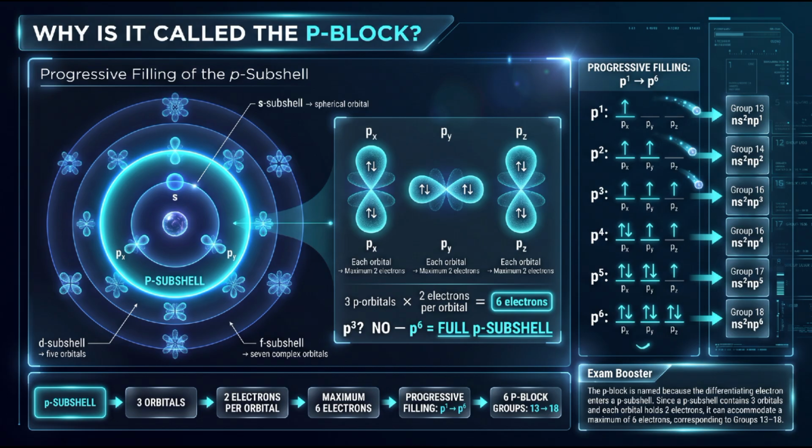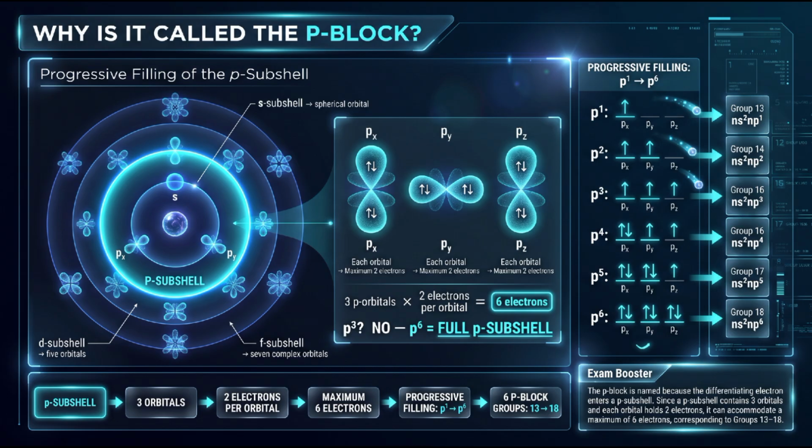Therefore, because the p subshell contains 3 orbitals and each orbital can hold 2 electrons, the maximum number of electrons that can be present in a p subshell is 6. In simple form, we can write this as 3 p orbitals multiplied by 2 electrons per orbital, giving a maximum of 6 electrons. This capacity of 6 electrons is the key to understanding why the p block contains 6 groups.